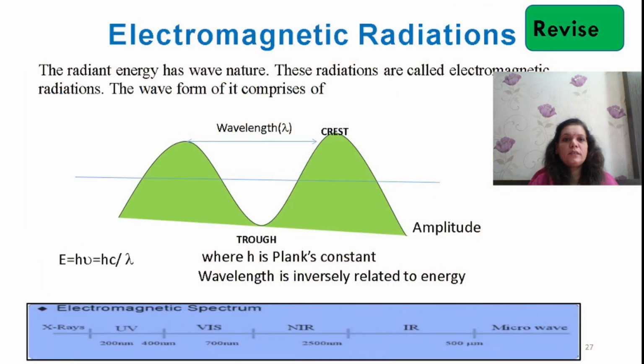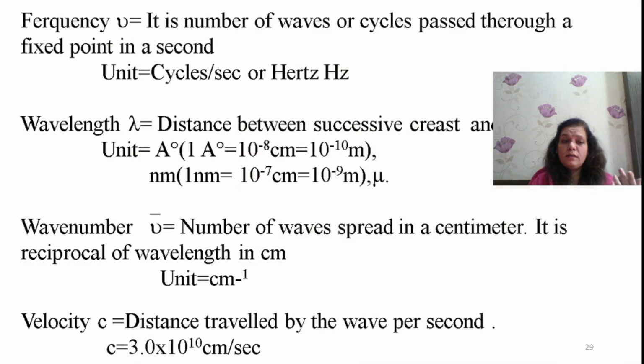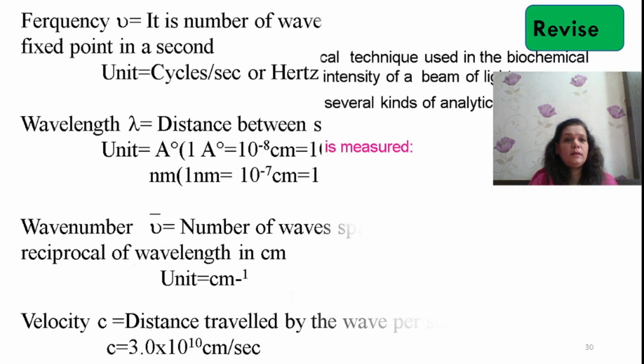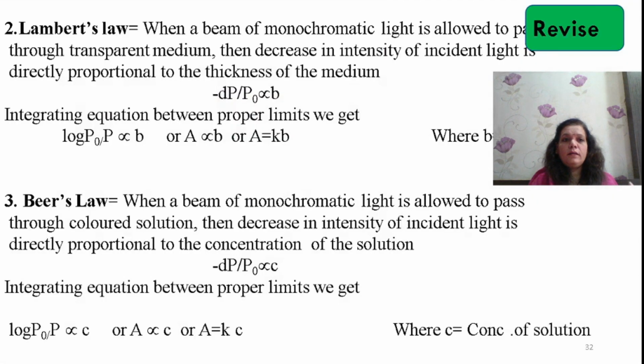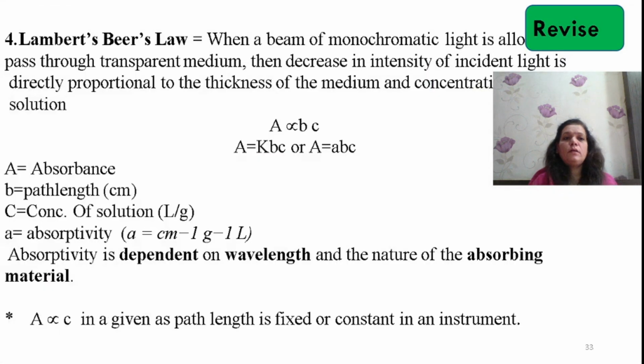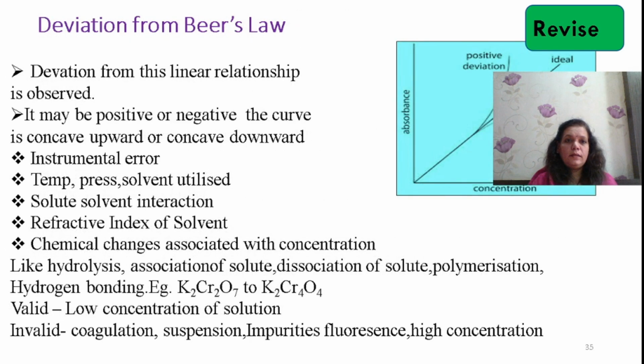You can go through it, like electromagnetic radiation, the visible range, ultraviolet range, different terms like frequency, wavelength, wave number and velocity, basic law of photometry, Lambert's law, Beer's law, Lambert-Beer's law, different terms like absorbance, molar absorptivity, path length, and yes, deviation from Beer's law, as Beer's law is useful for low concentration solution.